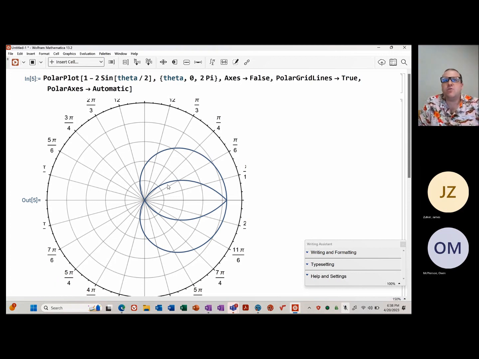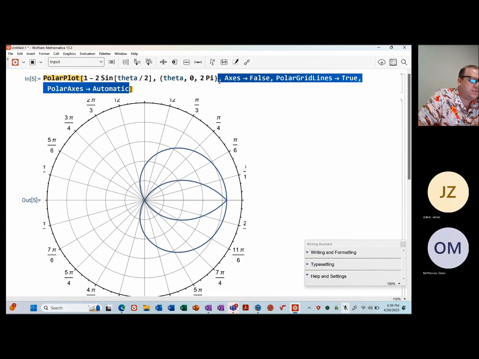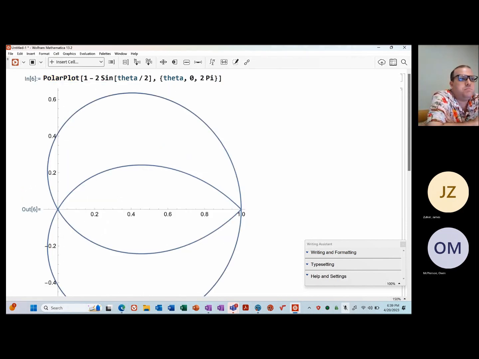The rays represent the different angles. But in most circumstances, that does not tell us anything. So you will typically just see polar curves plotted on the XY plane. And that's how I'm going to leave them.